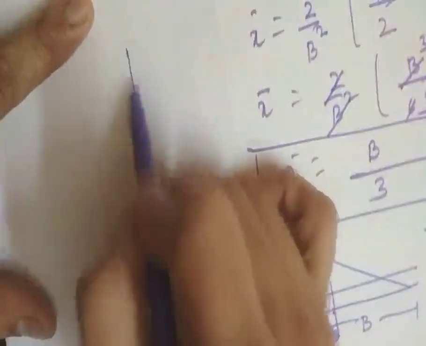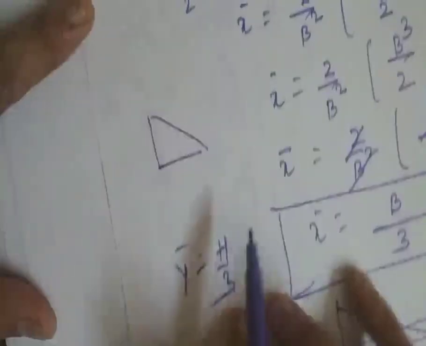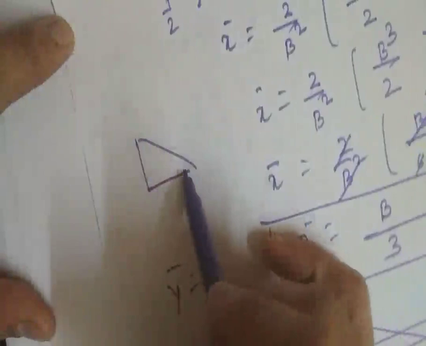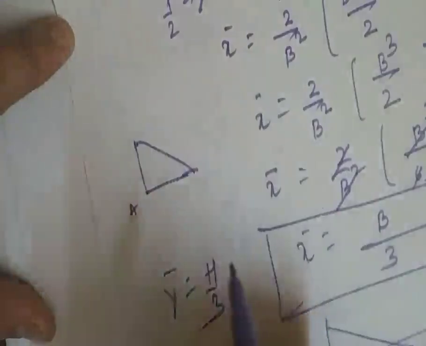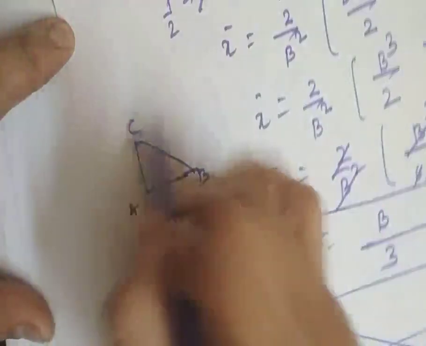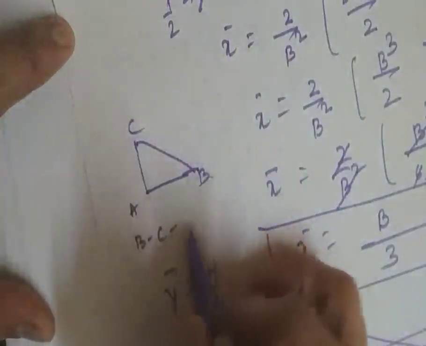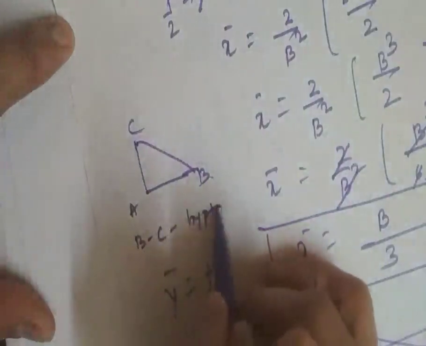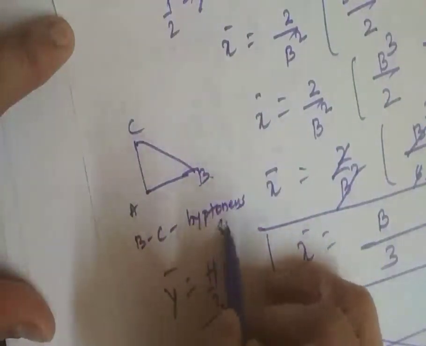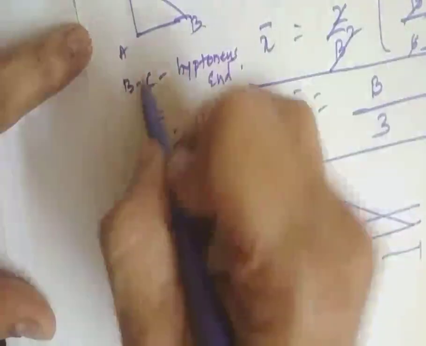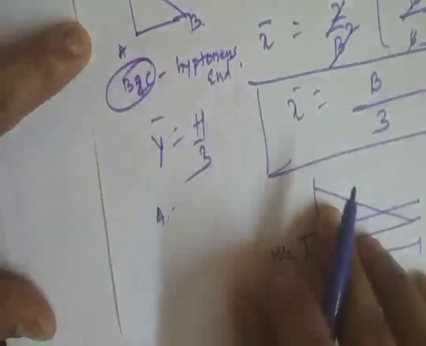Now how to remember this: consider this a right angle triangle. In a right angle triangle there will be two positions here. If I name these points A, B and C, B and C are the positions of the hypotenuse ends.